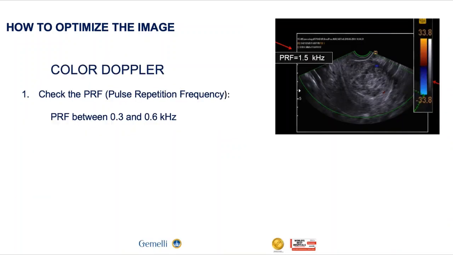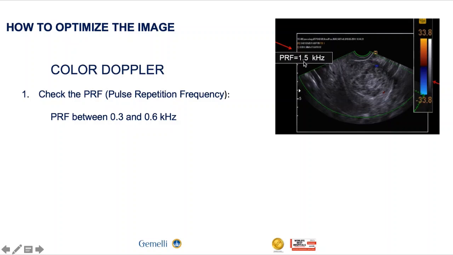Now we are going to talk about color Doppler examination. First of all, the PRF. Check the PRF. It should be between 0.3 and 0.6 kHz. For example, in this image, this is a myometrial lesion.